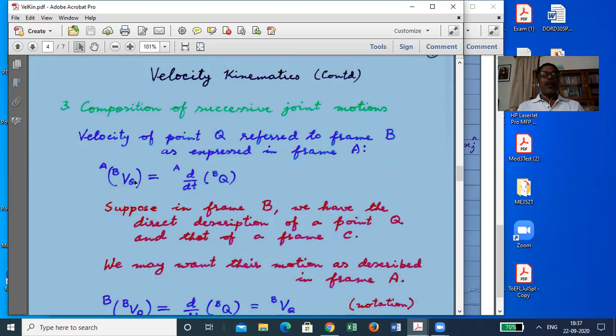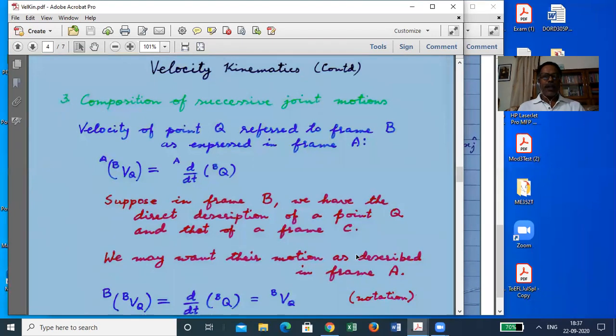And for velocity of Q in frame B, whatever is that vector, when you try to convert that to A, then you denote it like this. So the sense is that in frame B, we have the direct description of a point Q and that of a frame of reference C. We want their motion as described in another frame, frame A.